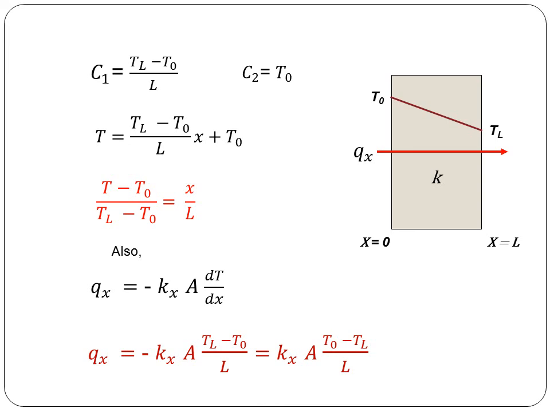These two boundary conditions will give you the values of C 1 and C 2. C 1 is T L minus T 0 by L after simplification, and C 2 is T 0.